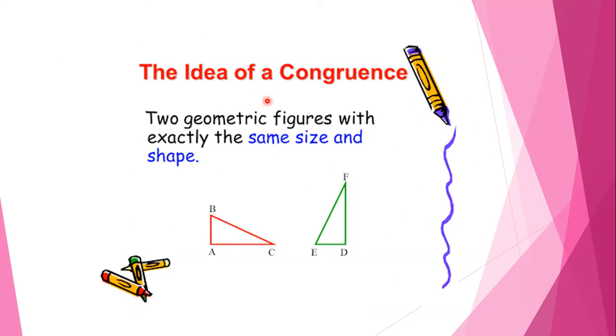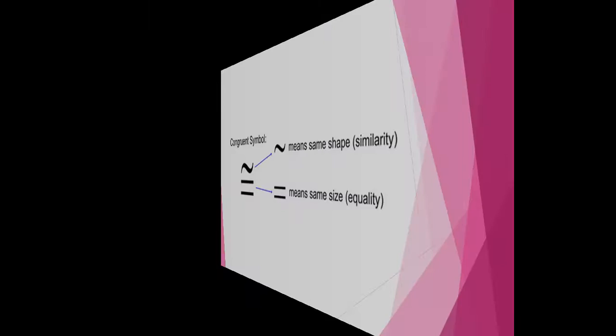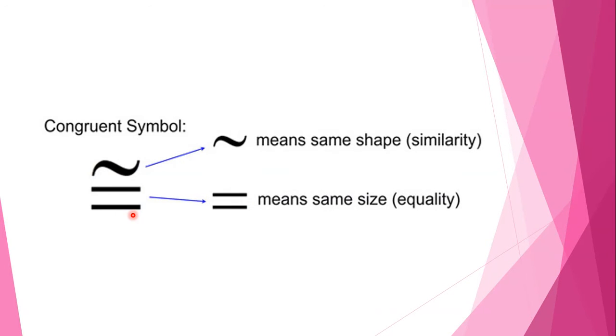What is congruence? The idea of a congruence. As you can see in this figure, the two geometric figures have exactly the same size and shape. That will be congruent. How will you represent if two figures are congruent?